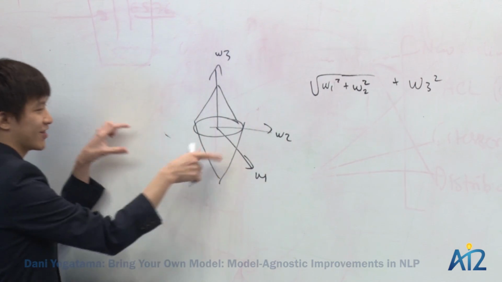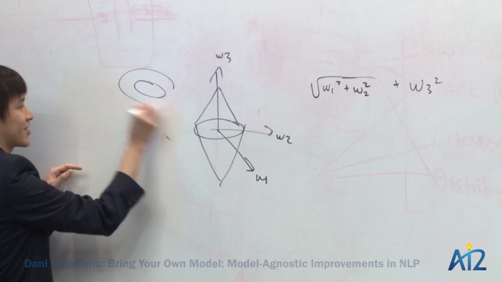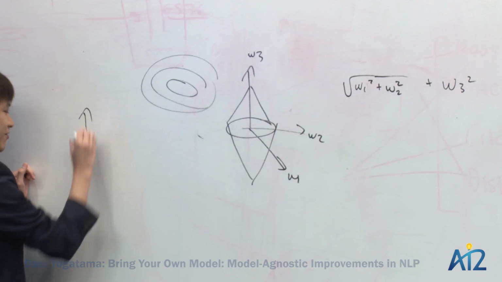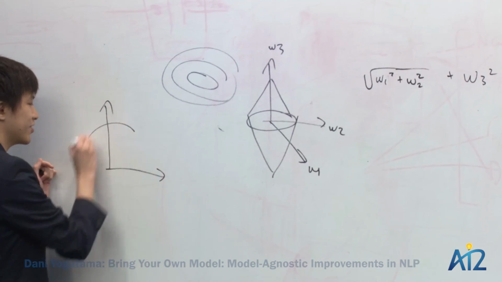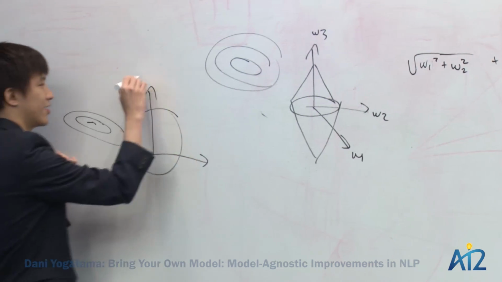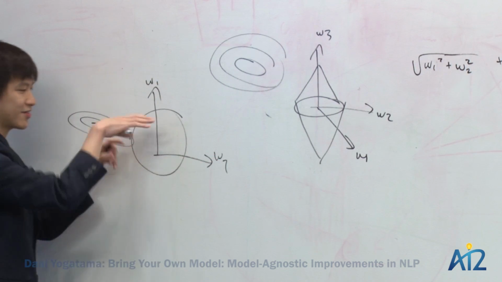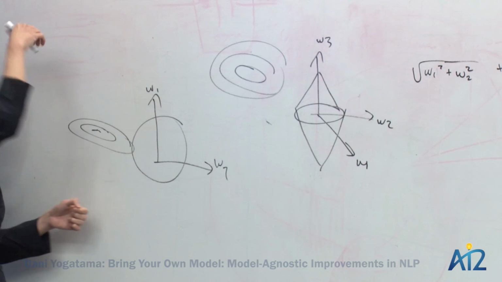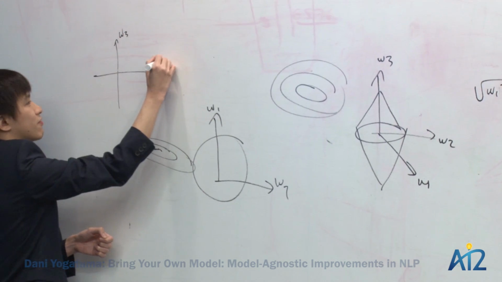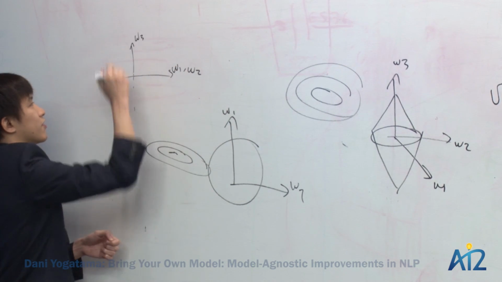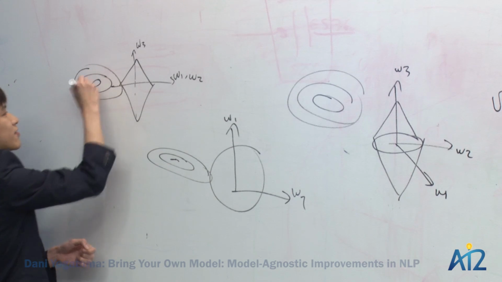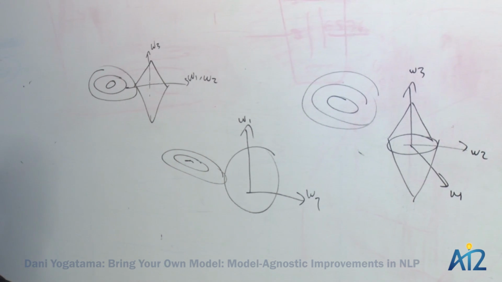So this is our objective that we want to minimize, whatever. When we look at it from the perspective of W1 and W2, the optimal will be somewhere there, right? This is W1 and W2. That means that this group is selected, but when we look from the perspective of W3 and W1 and W2, it would be something more like this, so that it will only choose a subset of the groups, in this case only W3.